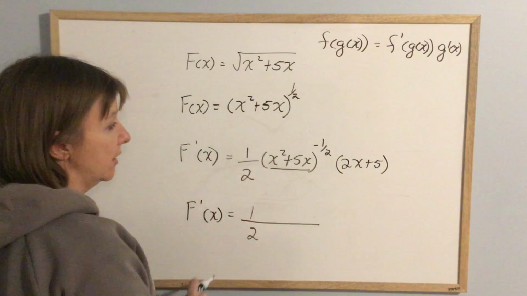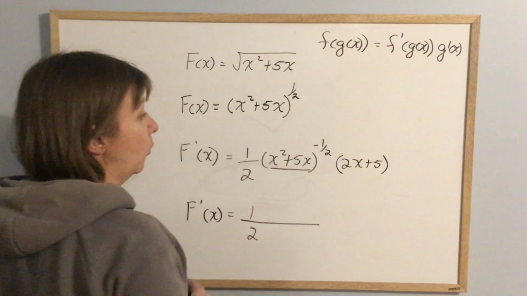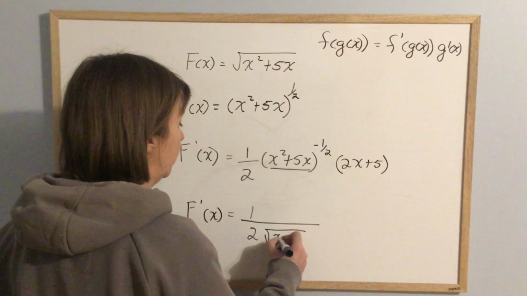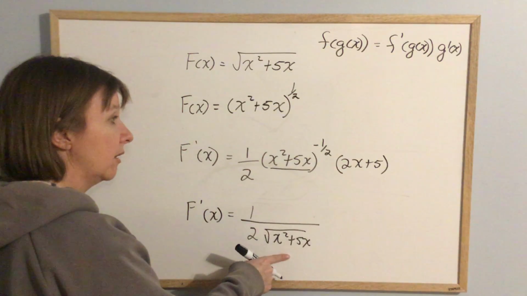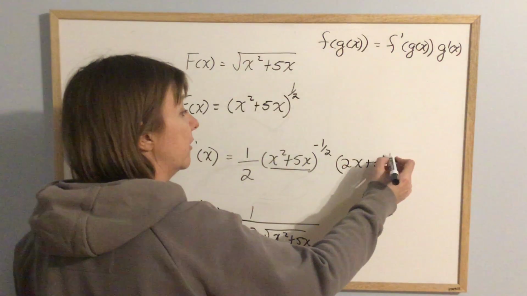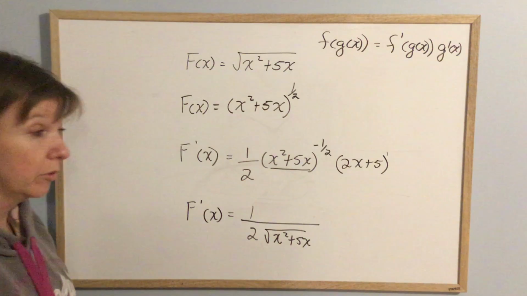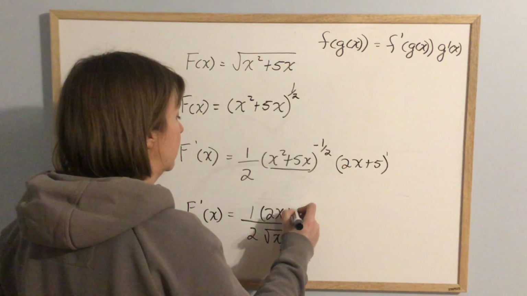This has a negative exponent, so it's going to go on the bottom, and 1/2 is really the same as the square root. So the square root of x squared plus 5x. Negative means it's on the bottom, the 1/2 means it's a square root. This has an exponent of +1, so that means it's on the top with the 1, and it's just 2x plus 5.